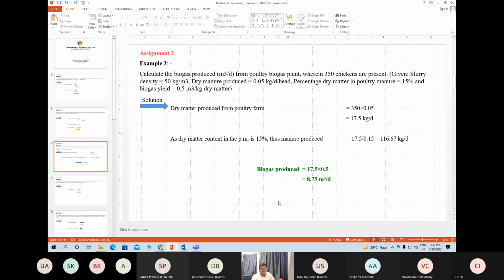Because this is a waste anyway, if you utilize that waste to produce energy, it's waste to energy. It's a very good conversion of a low value material to a high value, high energy material. The manure itself has a very low calorific value, and we are converting that into electricity.